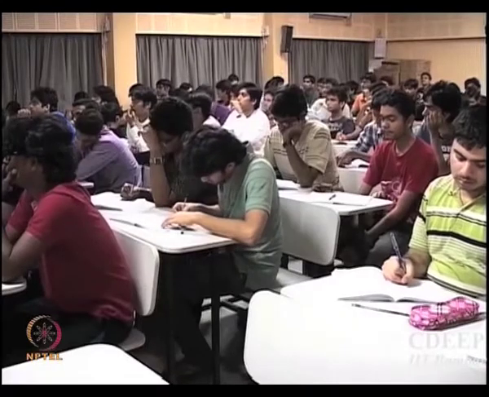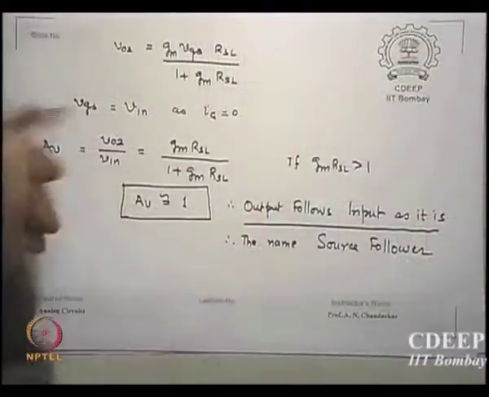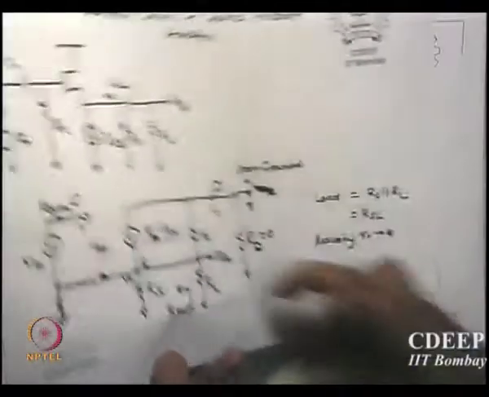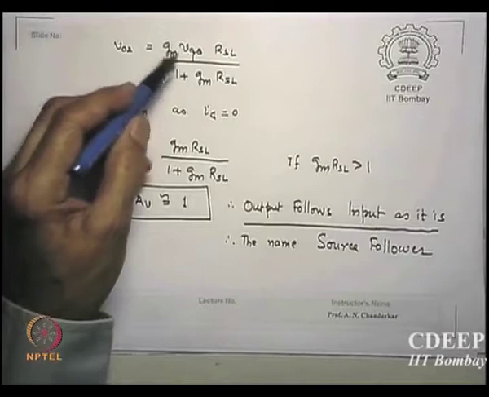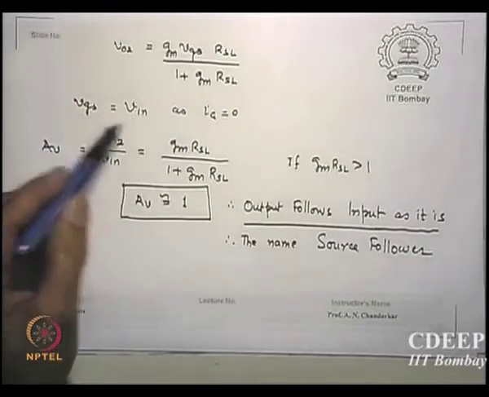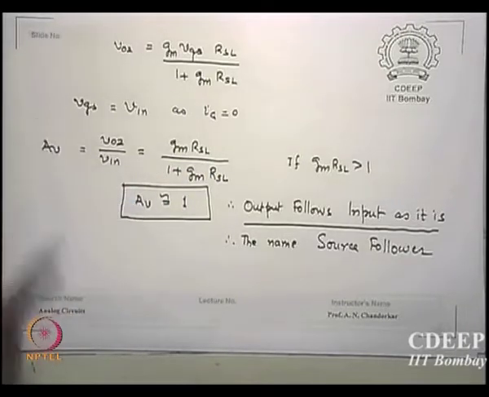Having done all that analysis, one can immediately write RSL as the parallel combination of Rs and RL, with R0 treated as infinite. So Gm VGS RSL upon 1 plus Gm RSL, and VGS is Vn, Ig is 0, so AV is Gm RSL upon 1 plus Gm RSL.